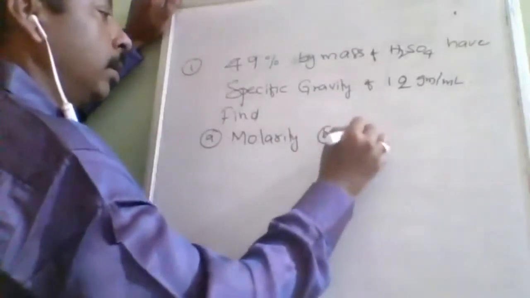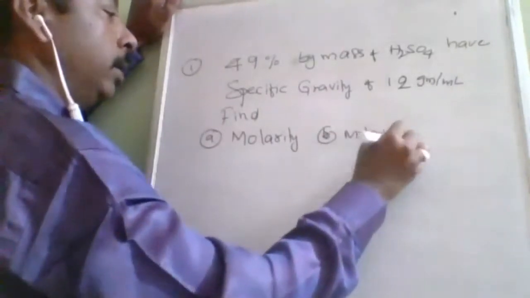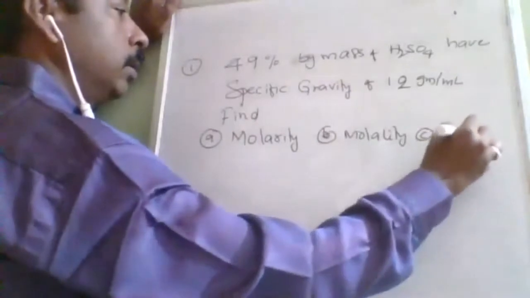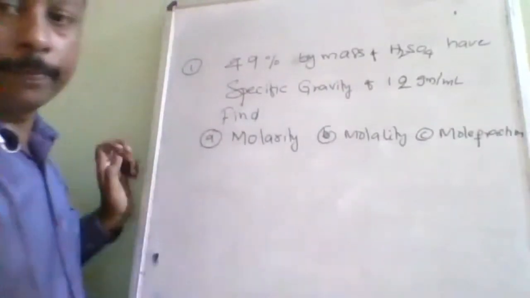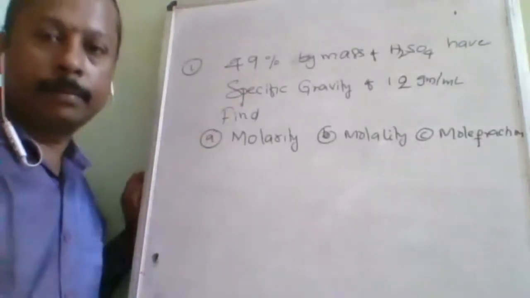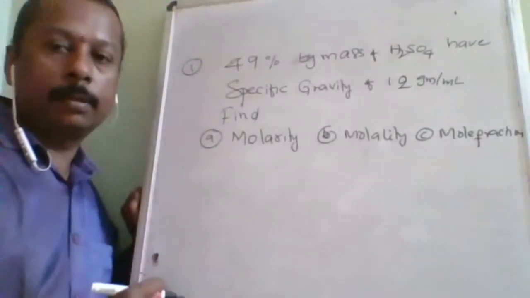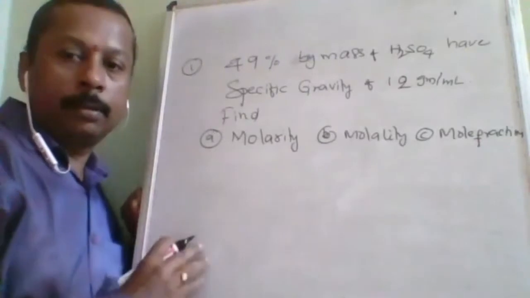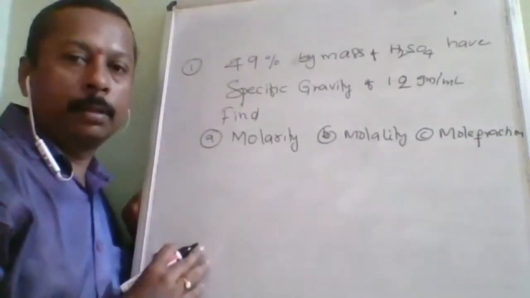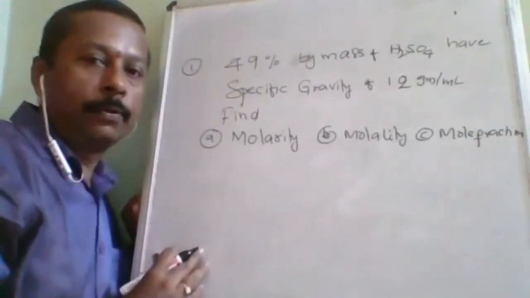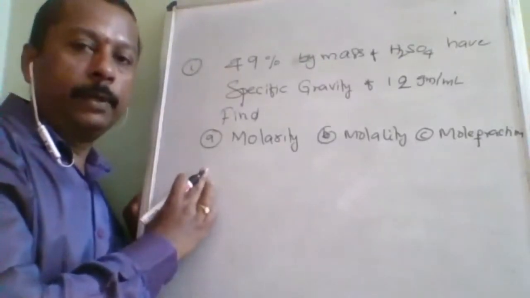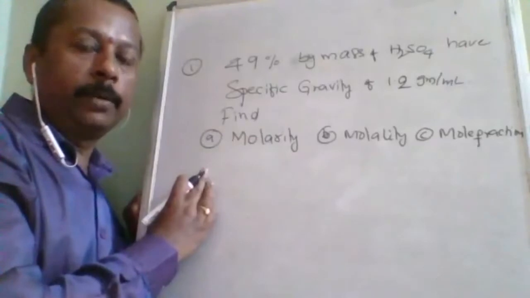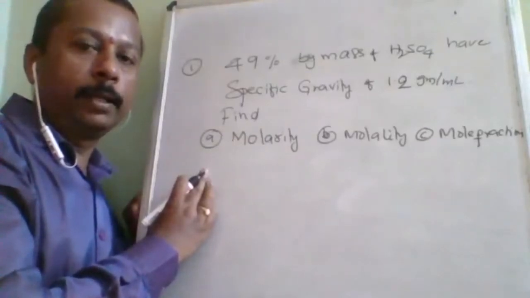Second, molality. Third, mole fraction. All of you note down: 49% by mass of H2SO4 has a specific gravity of 1.2 gram per milliliter.